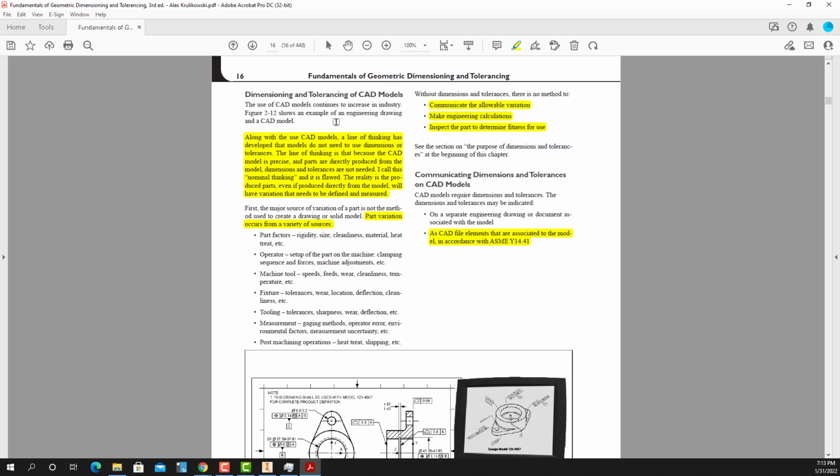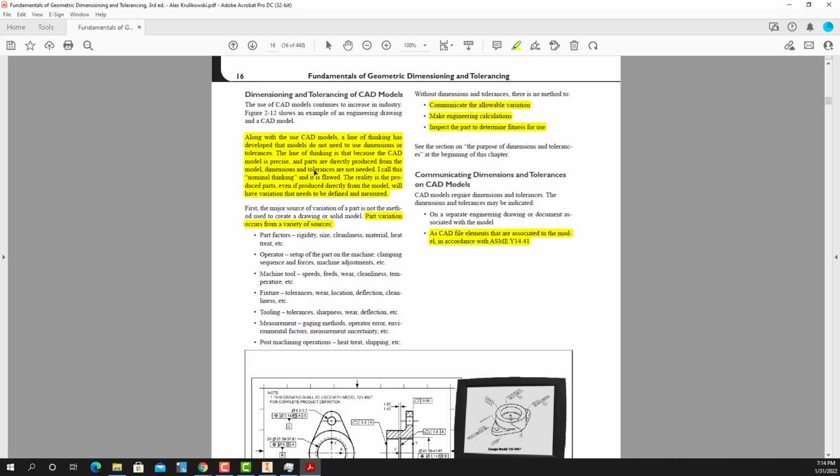All right, dimensioning and tolerancing of CAD models, and this hits home right here. Along with CAD models, a line of thinking is developed that we don't need to use dimensions or tolerances, that you can just use the 3D model plus or minus 3% of this shape and everything will be okay, right?